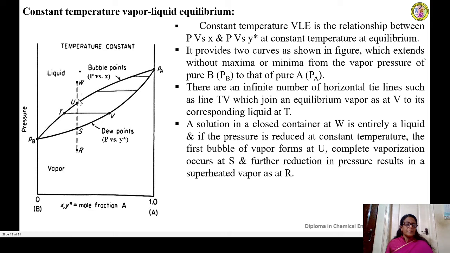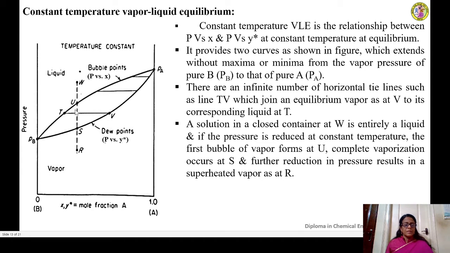So it becomes a liquid at a particular constant pressure. Exactly at point U, at this particular pressure, the first bubble of vapor will form, meaning the vaporization starts exactly at point U. So this particular pressure is called the bubble point.